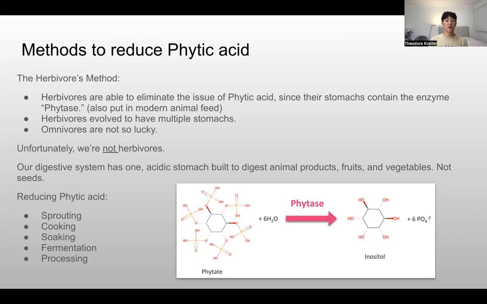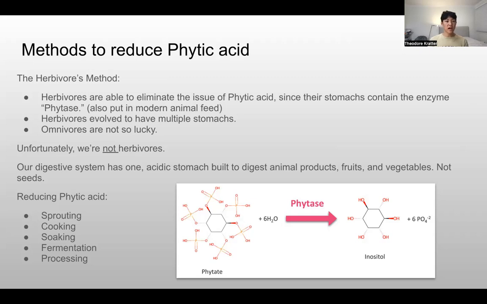This is also put in modern animal feed because we're feeding them a lot more seeds than they're used to. But we're omnivores. Unfortunately, we don't have phytase and we only have one stomach too. So we're evolutionarily adapted to eat animal products, fruits, and vegetables, and not really seeds.